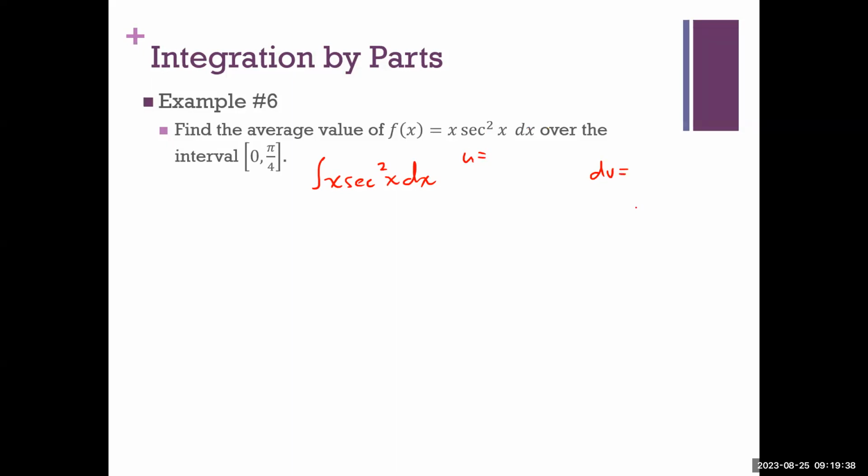What's a good choice for u? x. How come? When we differentiate it, it becomes 1, so it becomes simpler. We like that. Once we've chosen that, we're saying that secant squared of x dx has to be dv, which is only helpful if we know what the integral of secant squared x is. It is tangent x.